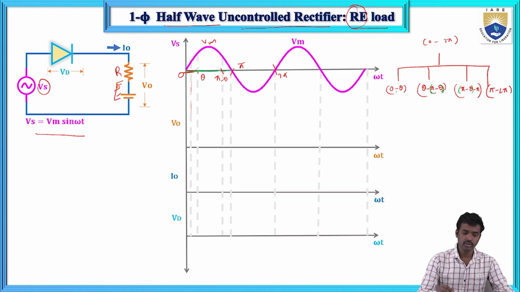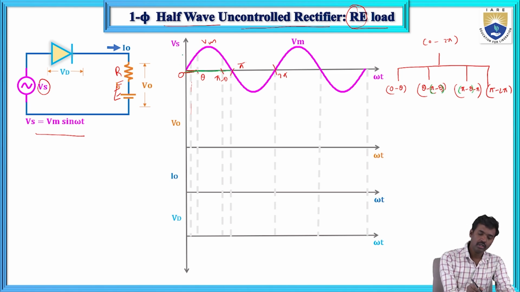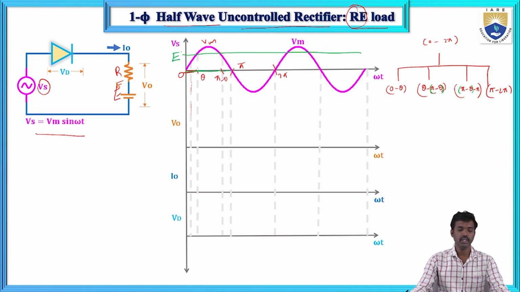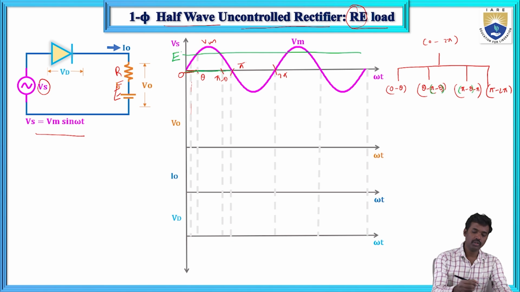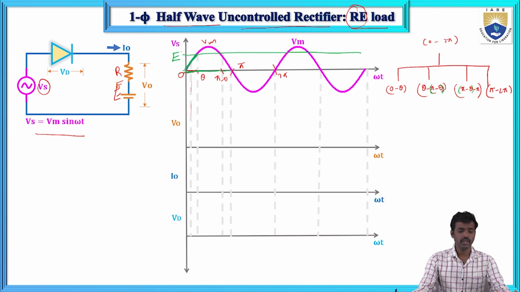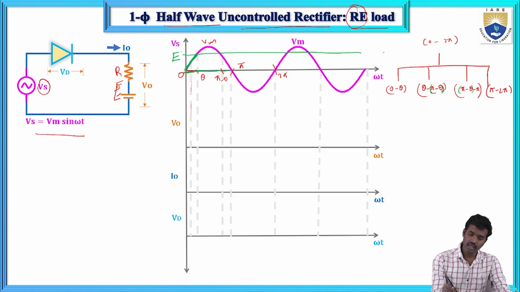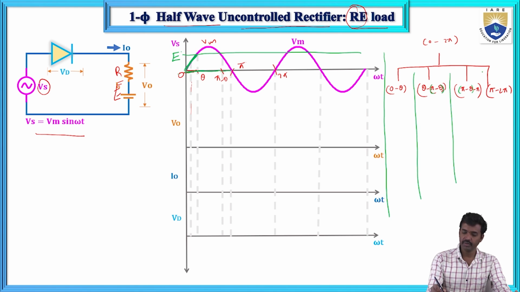From 0 to theta, the battery voltage is E, and this is the supply voltage Vs. I am dividing this into four parts and will explain each case.